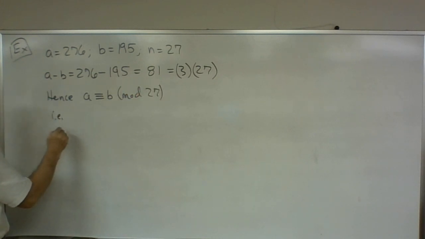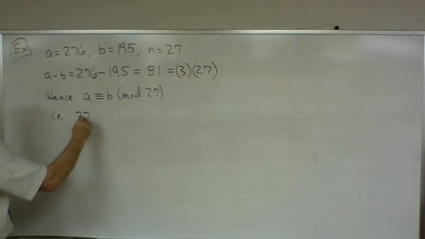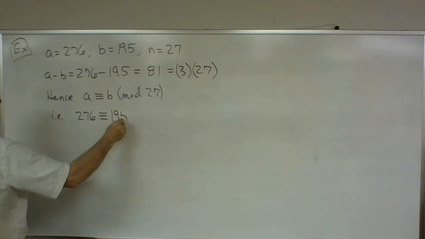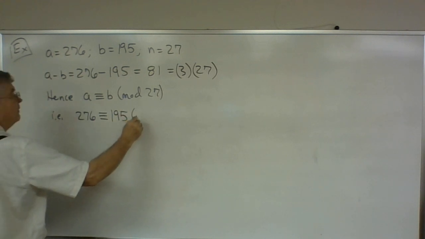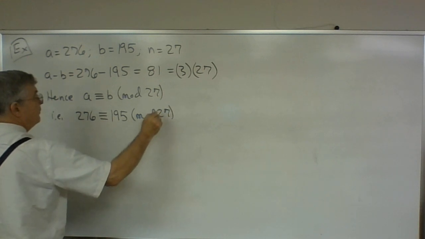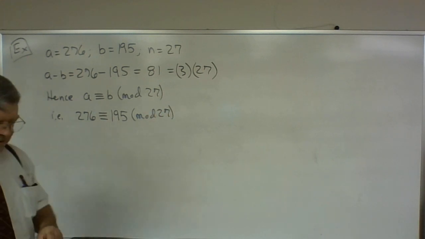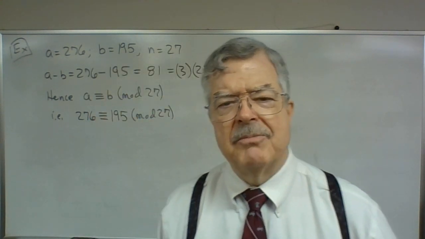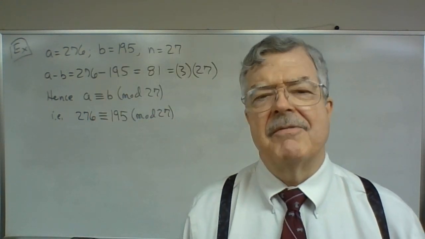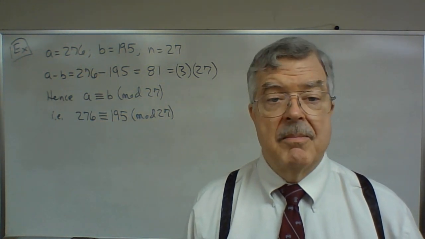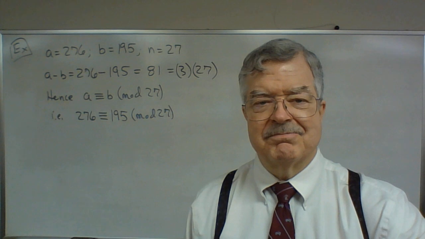Or to state it in terms of the numbers themselves, 276 is congruent to 195 modulo 27. Excellent. Now let's get into a few more observations since we have a feel for what's going on here in modulo arithmetic.